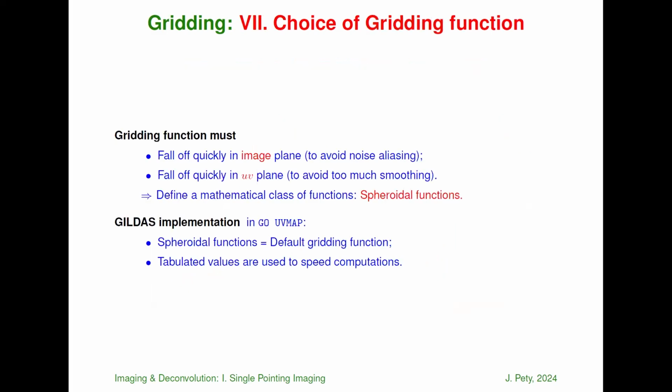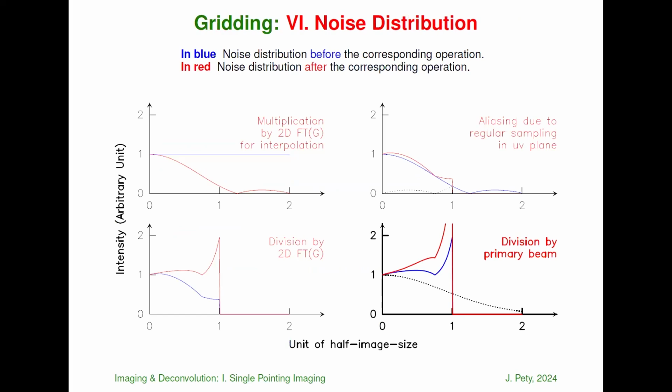Okay, so when we are gridding, the next question you have to ask yourself is which kind of gridding function you should use. So I've just told you that you need a gridding function that is going down very fast in the image plane to try to diminish the aliasing into the image you're producing.